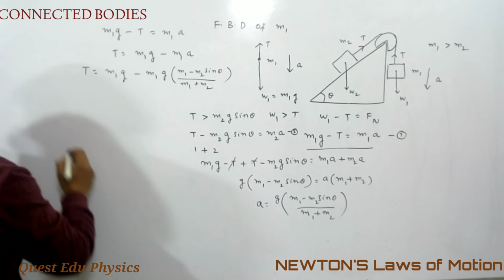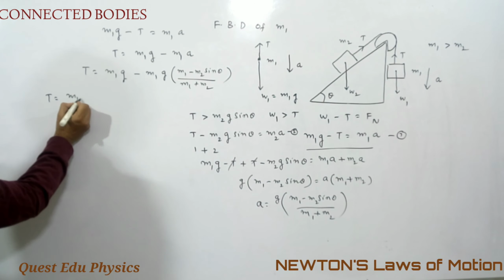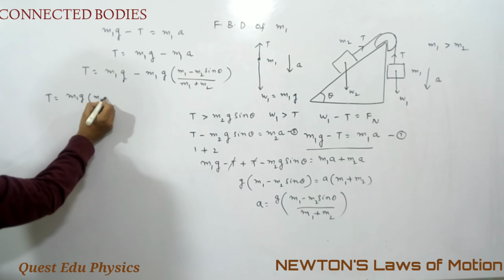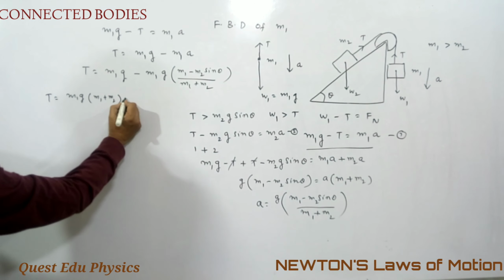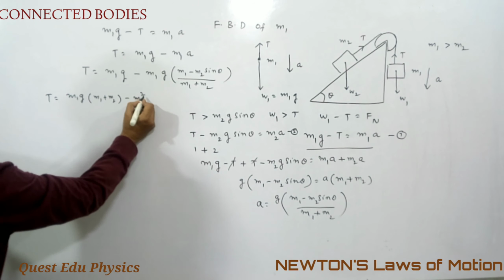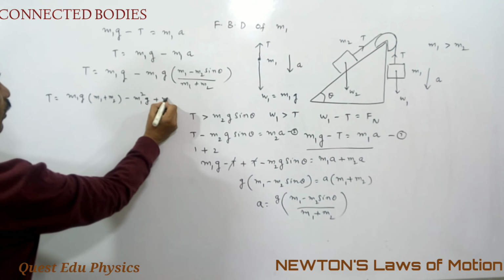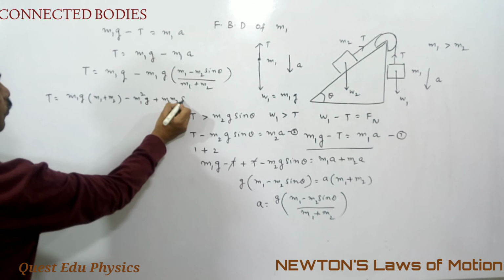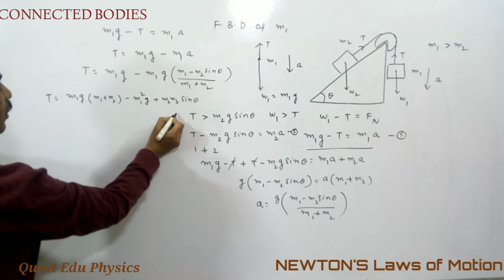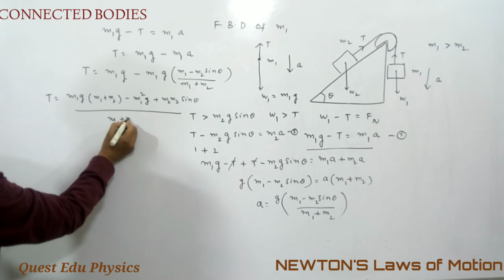Let's simplify. We can write it as T is equal to M1G into M1 plus M2 minus M1 squared G plus M1 M2 sin theta, whole divided by M1 plus M2.